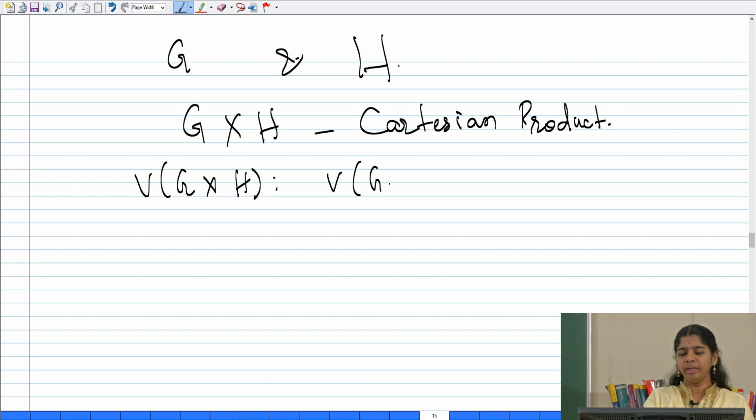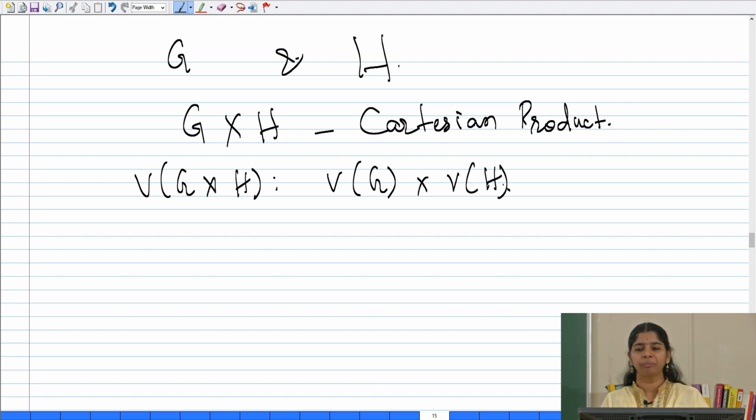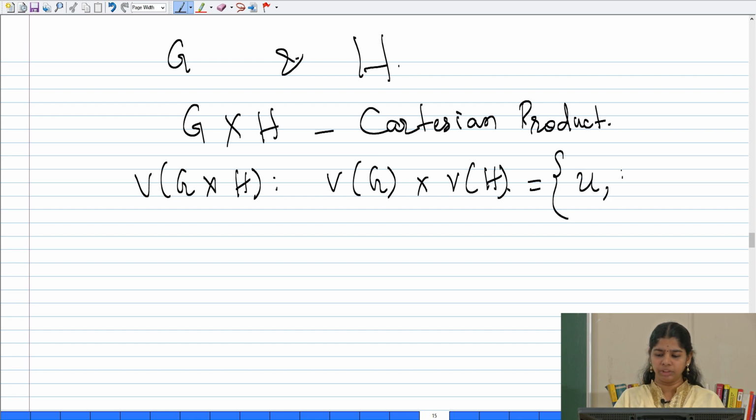So, this is nothing but V of G cross V of H. So, the vertex set is this, you take the two sets, take the cross product of it. So, that means what? You take a vertex from G and a vertex from H, this would be the pairing that we do.